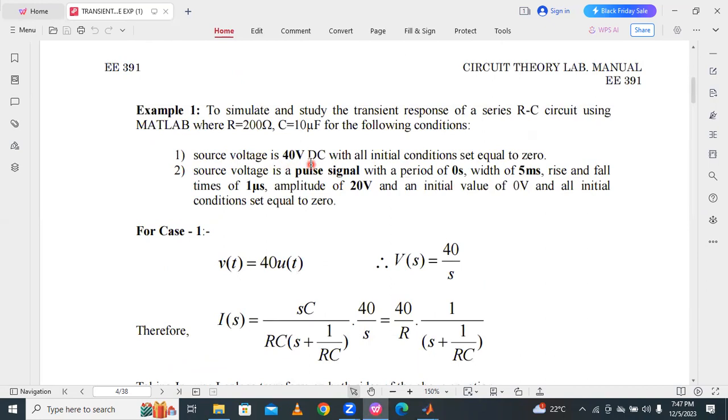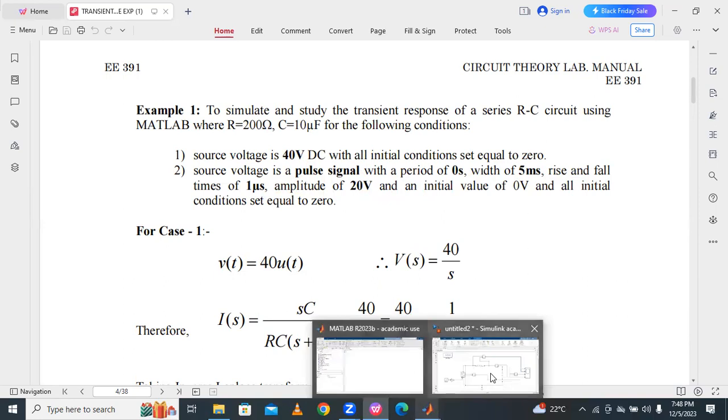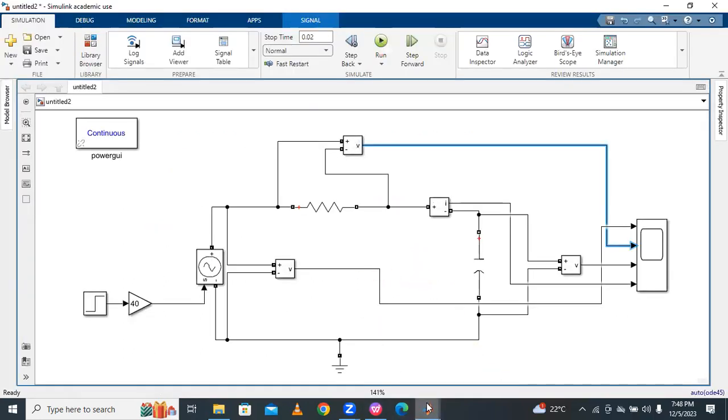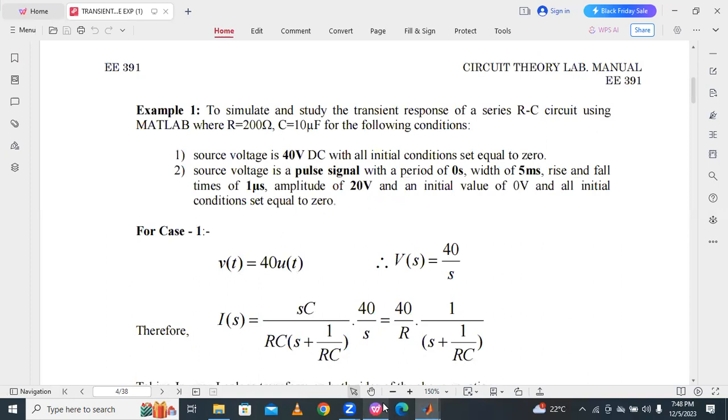In case 2, the source voltage is a pulse signal with a pulse width of 5 milliseconds, which means 0.05 seconds, with rise and fall time, and the amplitude is 20 volts.